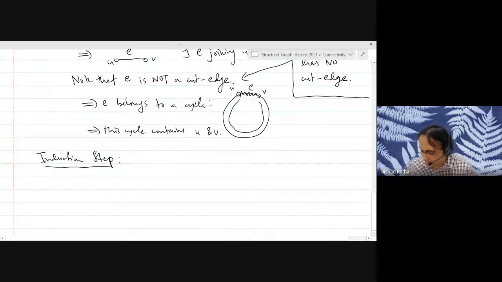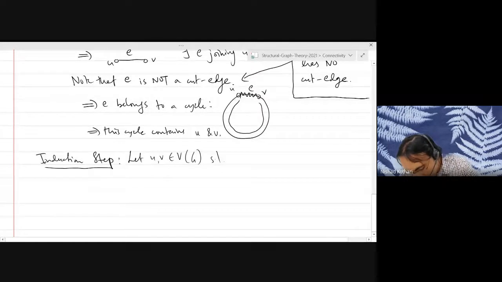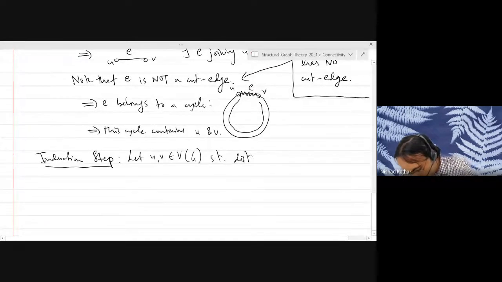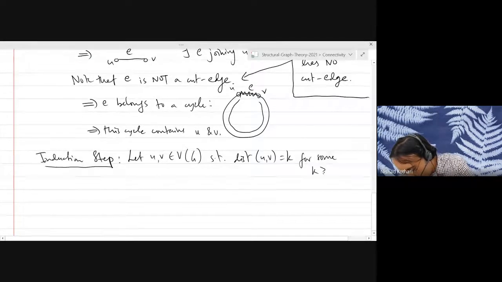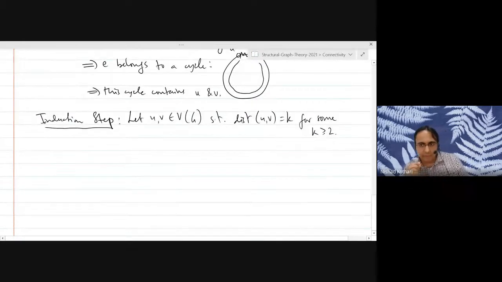So let's proceed. Let U and V be any two vertices such that the distance between U and V is exactly K. And we know that the statement is true for any two vertices that are at a shorter distance, K minus 1 or less.